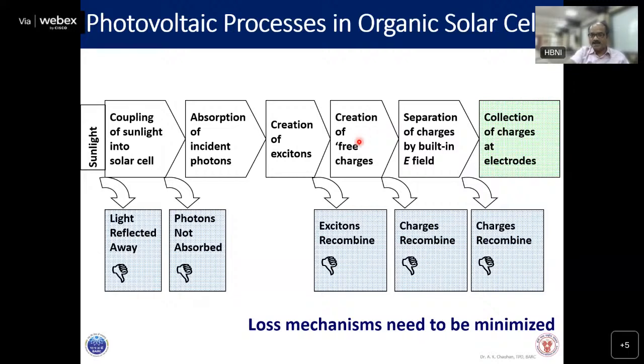Back recombination is also possible. So that is also a loss. If we can somehow manage that, then finally the electron and holes are separated by this built-in field, and they are collected at the electrodes, if they do not recombine. So you see so many losses which are highly probable. All these losses need to be minimized.